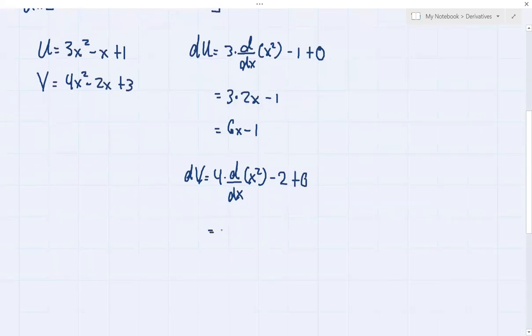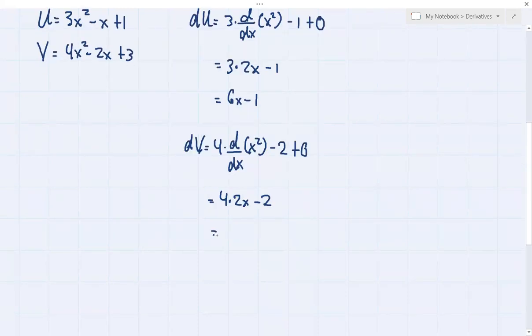So, let's continue differentiating. So 4 times the derivative ng x squared ay 2x raised to 2 minus 1. Or just simple as 2x raised to 1 na siya. Okay? Then, minus 2 plus 0, magiging minus 2 lang to. So let's simplify further. So 4 times 2x is 8x minus 2. So this is your dv.